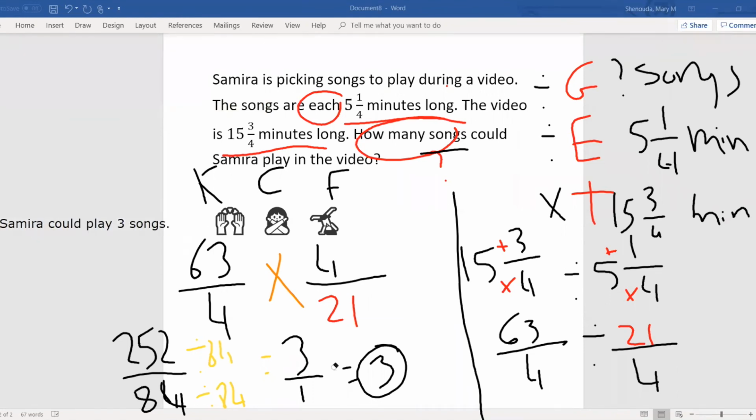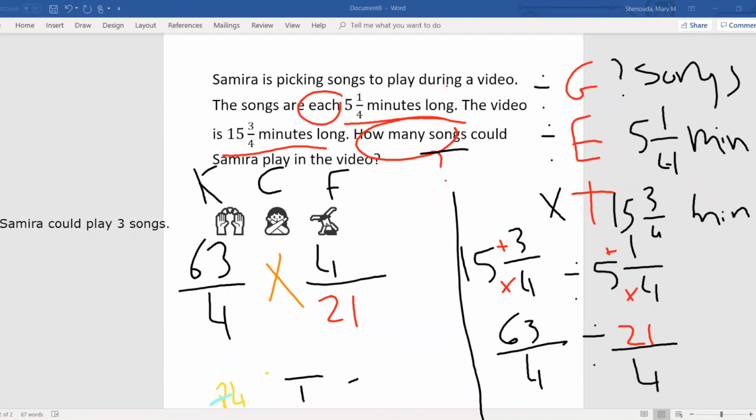Another way you could have done this problem is I could have simplified diagonally. And usually you can use this rule anytime you're multiplying or dividing fractions. I can see here that 4 divided by 4 is 1, so the 4's can cancel out and will leave me with 1. And I could divide 63 by 7, and that would leave me with 9. And I could also divide 21 by 7, and that would leave me with 3.